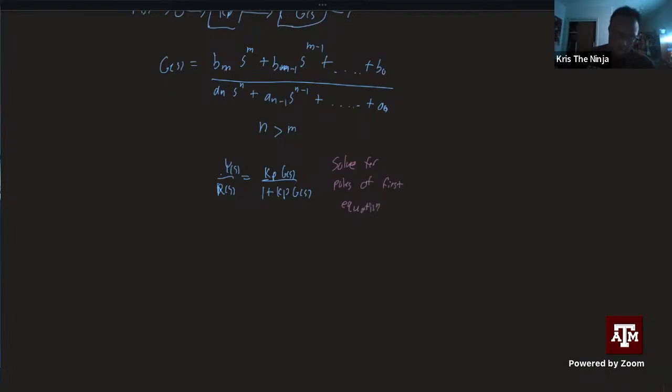We'll call this equation 1. The poles can be represented as a function of Kp.